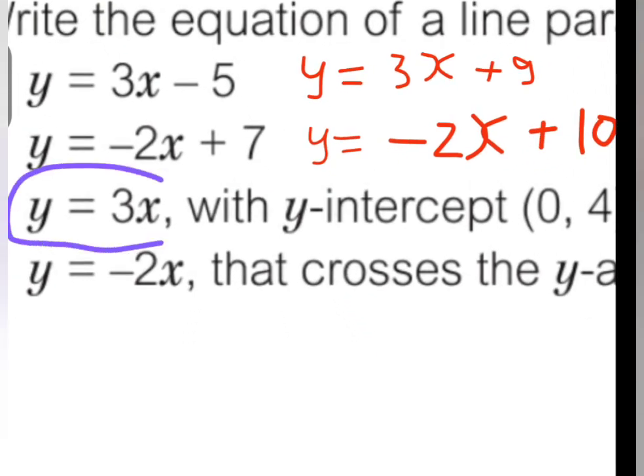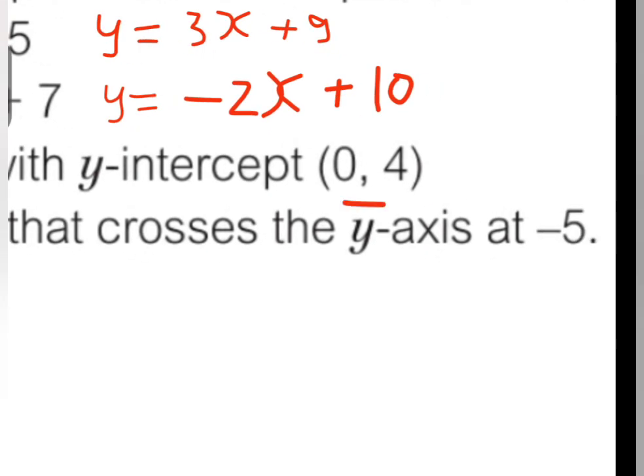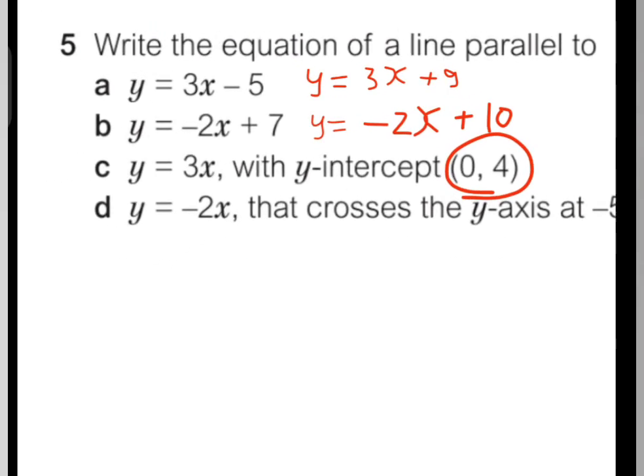Very good. Now let's take a look at C. Y equals 3x. Now we have a rule we must follow. We must use the same gradient first, which is 3x, and then we must use the y-intercept 4. So they are giving us the gradient and the y-intercept. So to write this equation, we write it like this.